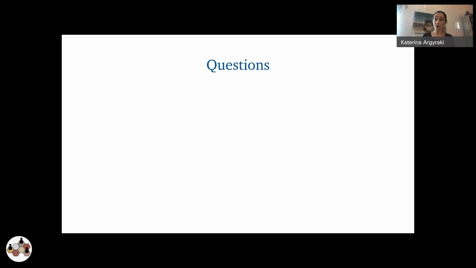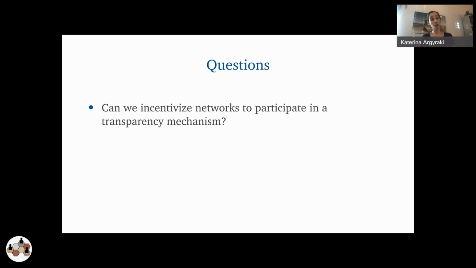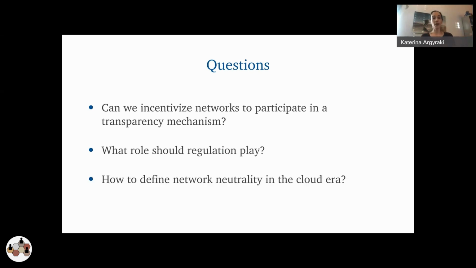But then there are other questions that pop up. Fine from a technical point of view, but from an economic point of view, can we incentivize networks to participate in a transparency mechanism? And what role should regulation play, which I realize now was the topic of the previous talk. And I will throw in a third question that's on my mind, which is how to define network neutrality in the cloud era.